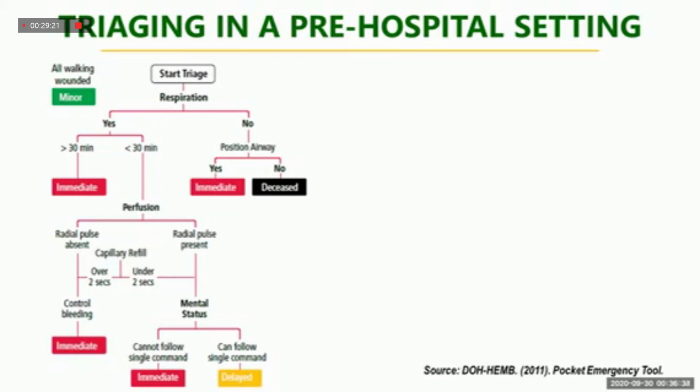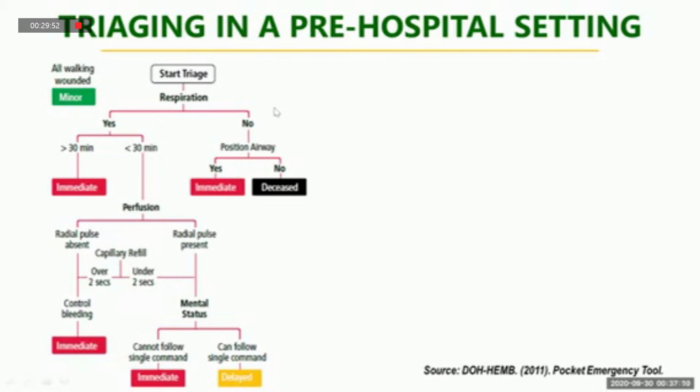Because we're trying to provide care as immediate as possible and to increase the number of survivors in a mass casualty incident. So you do first your respiration upon approaching a patient.